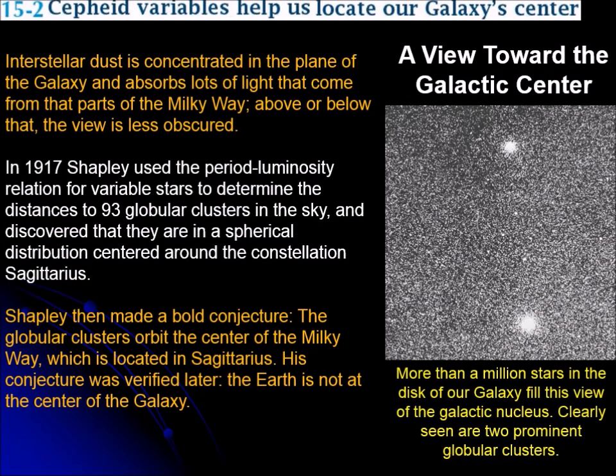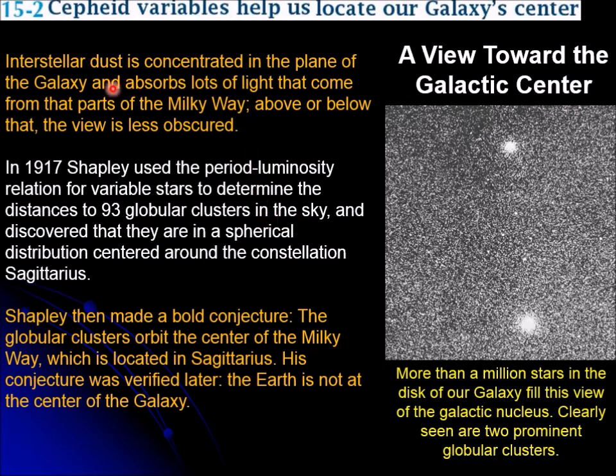In section 2, Cepheid variables are helping us to locate the center. Again, the dust that we have all around absorbs a lot of light and doesn't allow us to see the correct structure of the Milky Way. So Shapley, in 1917, used the period-luminosity relationship to find the distance to 93 globular clusters in the sky.